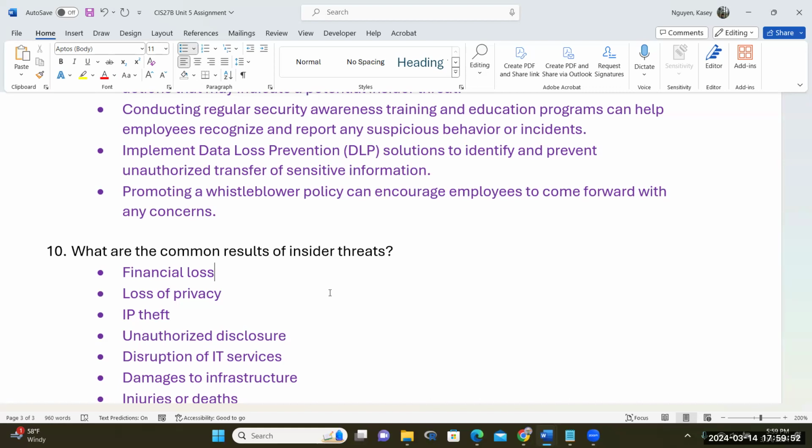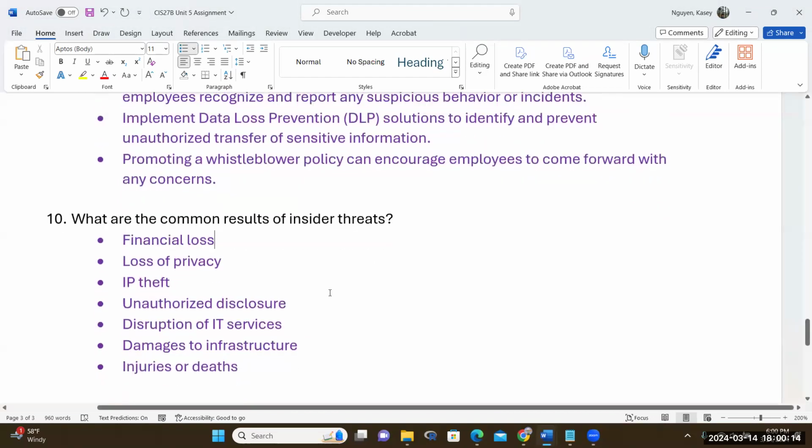So if they have a breach, if they have an incident, then they change their privacy policy. With that, they have to notify all customers and all impacted people or people that are involved. Okay, so any questions?